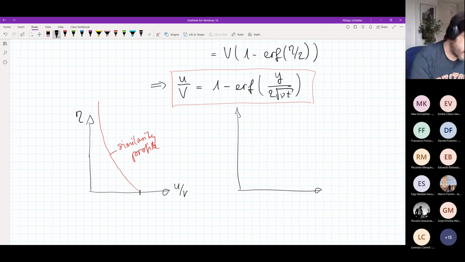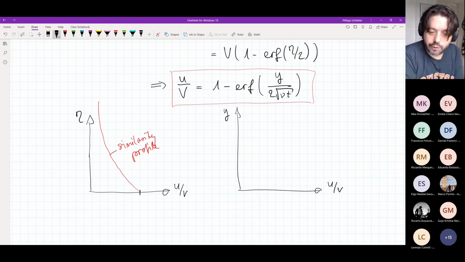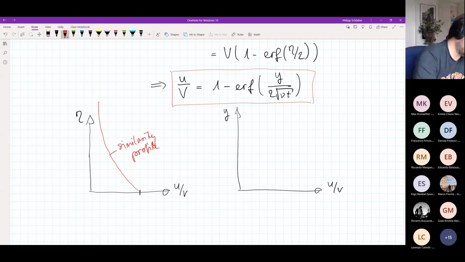The second graph, I can plot u divided by v, but now as a function of y. And of course, as soon as I draw it as a function of y, I need to draw a different line for each t, because now we have the solution as a function of y and t. And that's exactly what we already drew earlier.